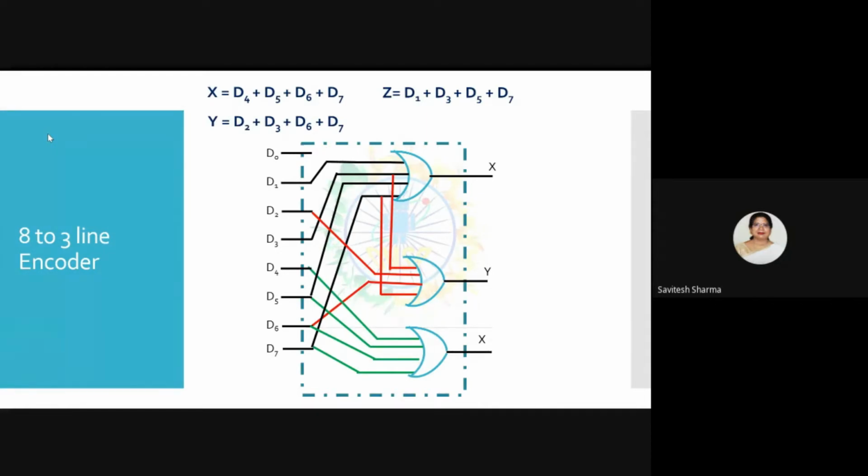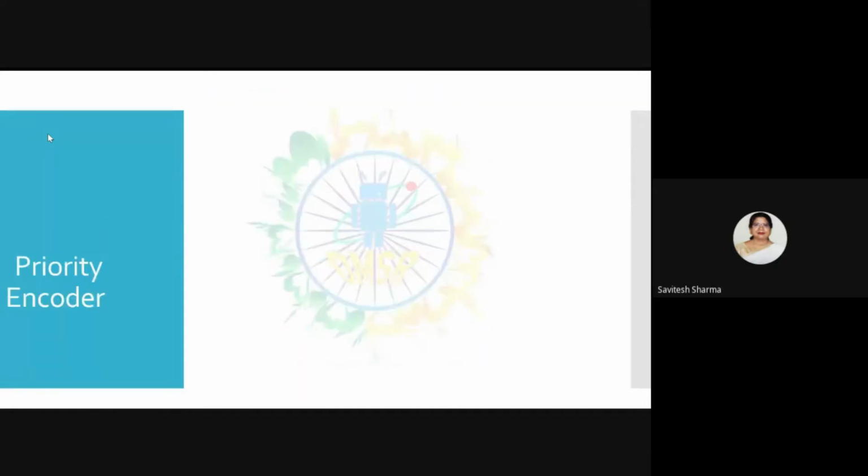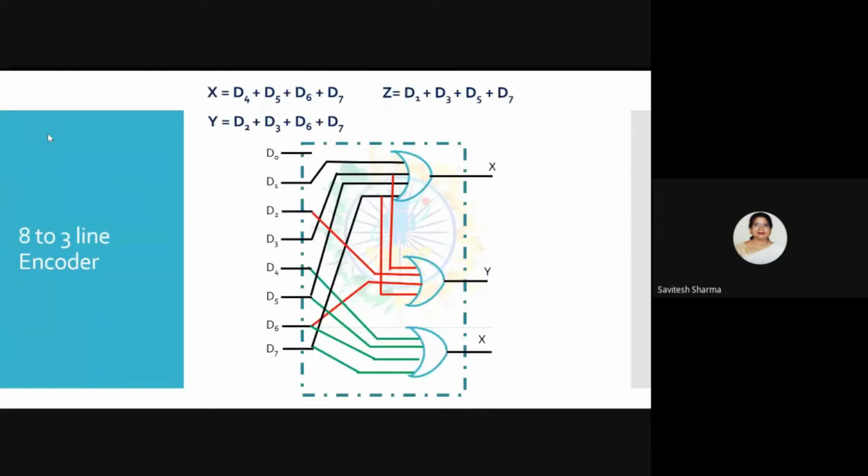You need to remember that in the decoder we were using AND gates, and each AND gate was generating the min terms. Here we are using OR gates. One important thing I told you last time is that if you have 8 input lines, only one line can be high, one line can be active, and corresponding to that line it will generate one code.